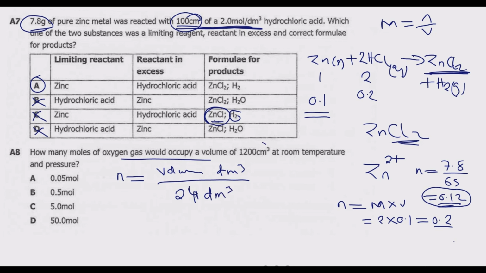So we're given this, we divide it by 1000 to convert it to decimeters. So n equals 1.2 divided by 24. If you divide this, you're going to end up with 0.05 moles.